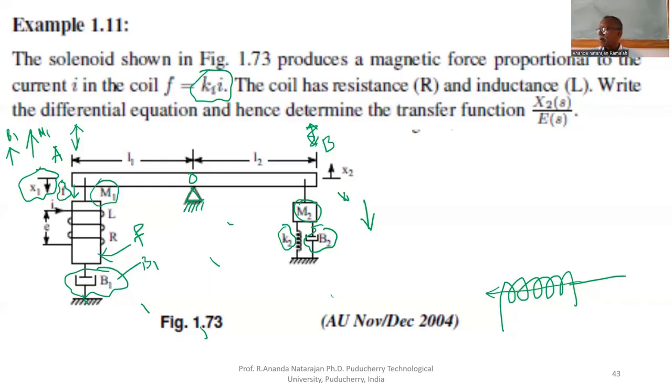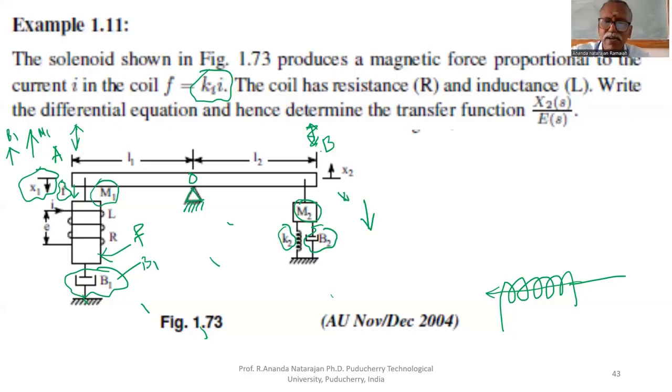Am I correct or not? The reaction forces M1, B1, FM2, FK2, FB2, all the reaction forces try to rotate the beam in the clockwise direction. But the force F tries to rotate the beam in the anti-clockwise direction. Am I correct or not?